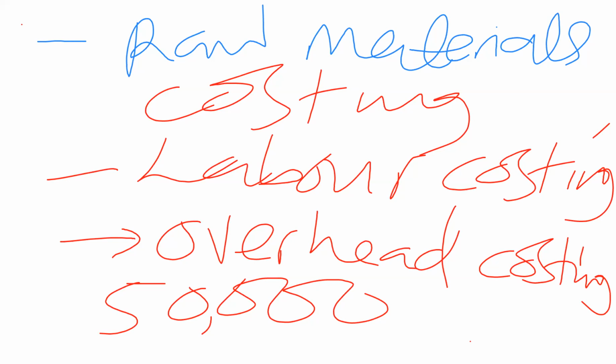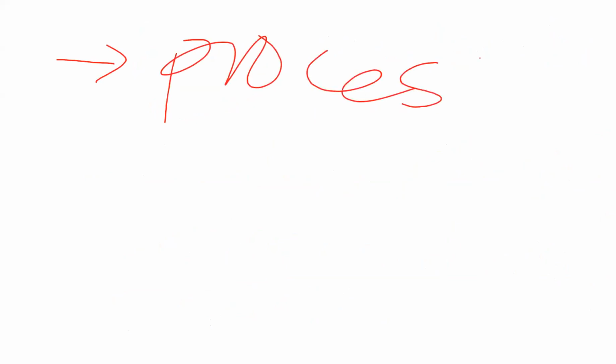After doing overhead costing, we will look at process costing. Under process costing, one thing that we need to learn is that these productions usually take process. It's a process. That is to say, it takes time.